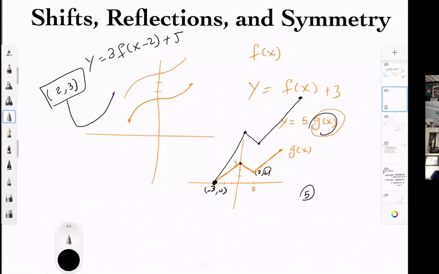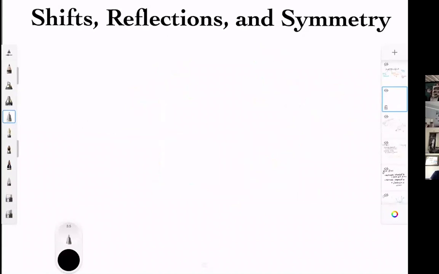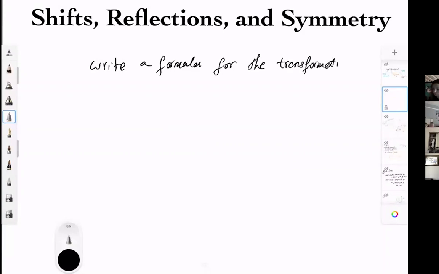Let me pick one of the homework questions. They're saying write a formula for the transformation of f of x equal to root x.